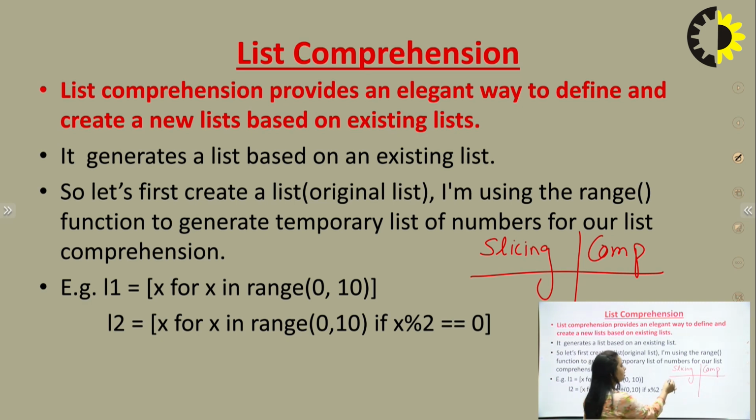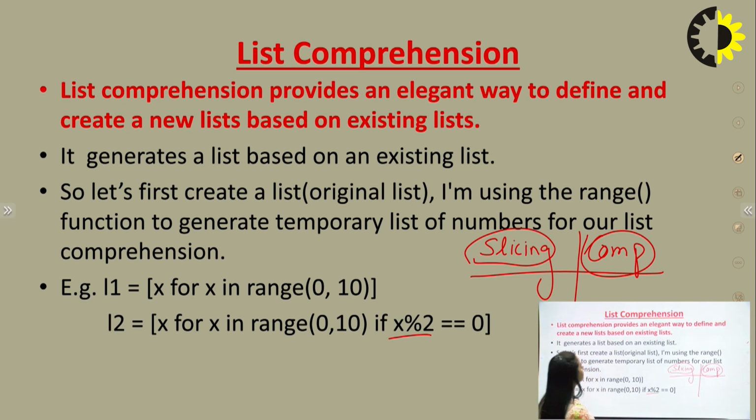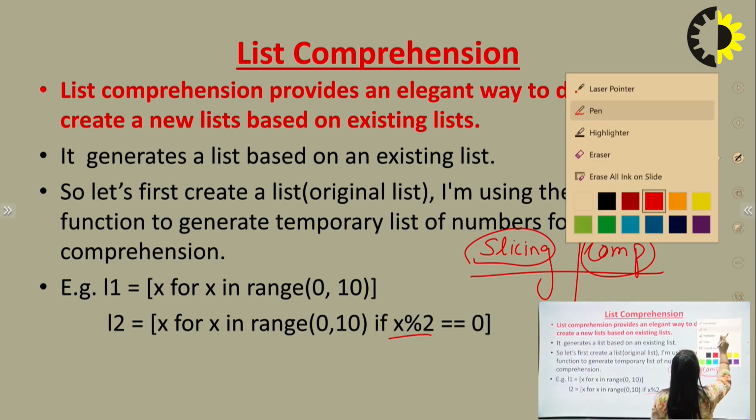Basically, slicing is just picking some values from an original list sequentially or at a same difference. But in comprehension we generate a new list based on the original list, after applying some conditions or not. So we have to understand list comprehension. Let's take an example.